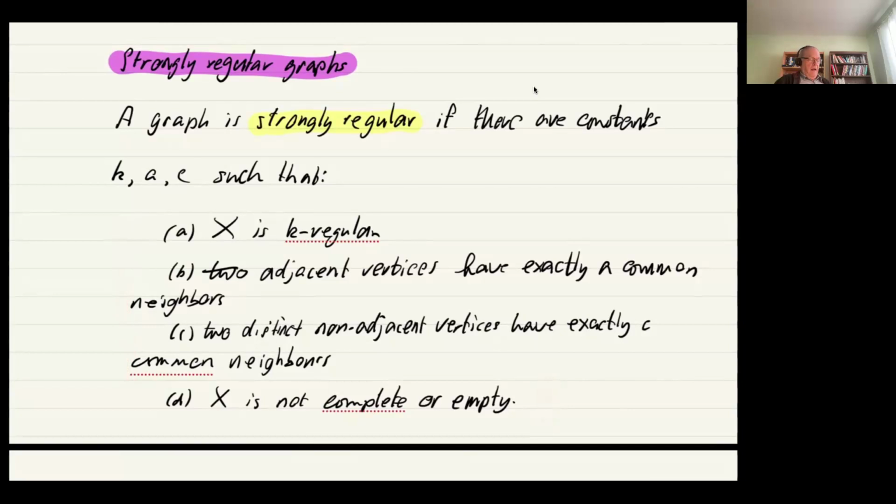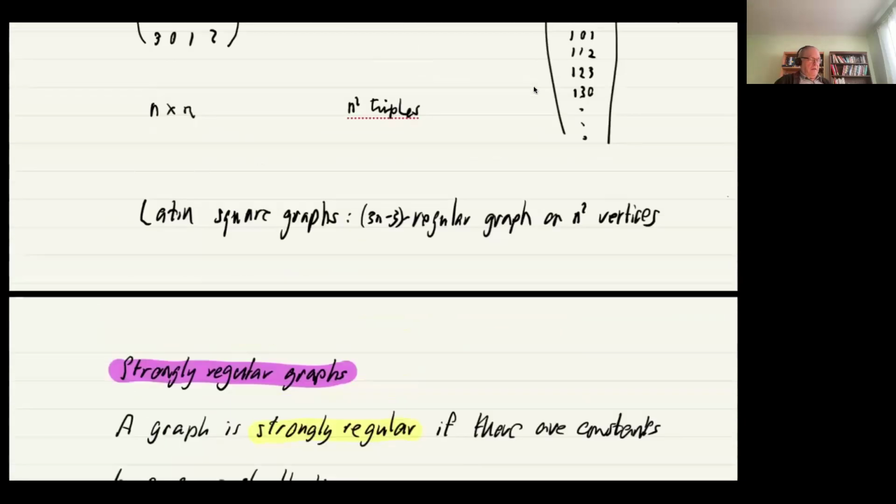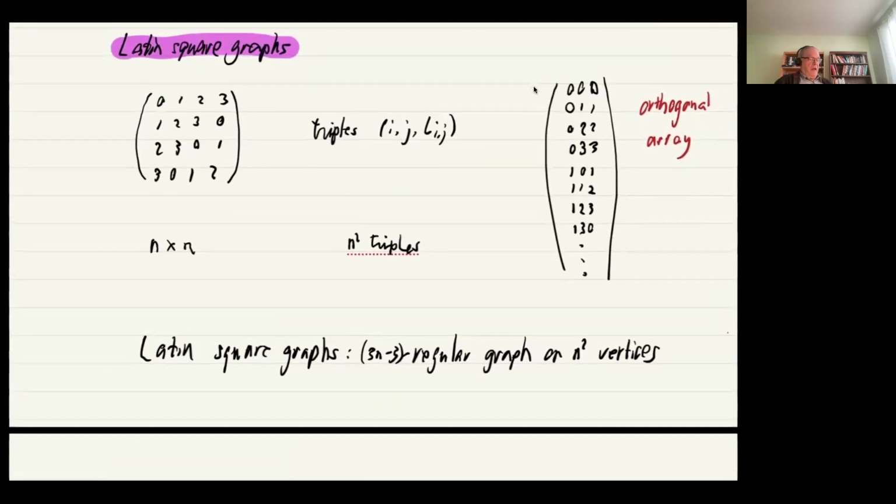Okay, so I think I'll go back and check. You can pick any two adjacent vertices and see how many common neighbors they have. It's probably a little easier to think about in terms of the orthogonal array. So you pick two of the things and then test how many common neighbors. You need a triple which agrees with this in one coordinate and this in one coordinate. It could have a 0 in the first coordinate and then some garbage after that.